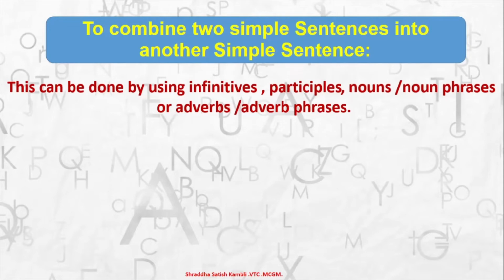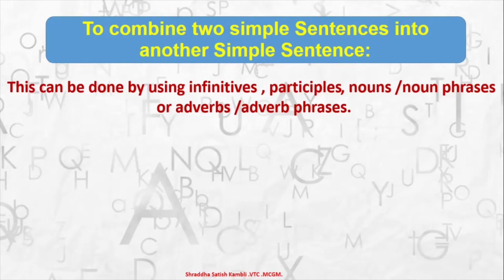Now we take a look at all these small words here. Infinitives means using the word to. For example, if I say to run, it is an infinitive. To read, to walk. The use of the word to makes the phrase an infinitive.